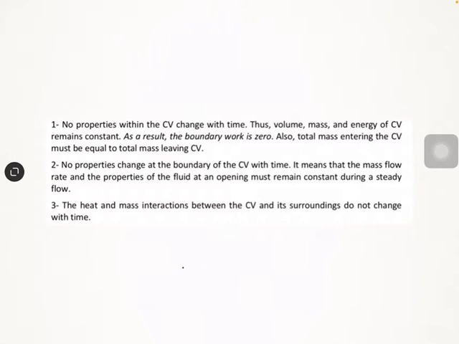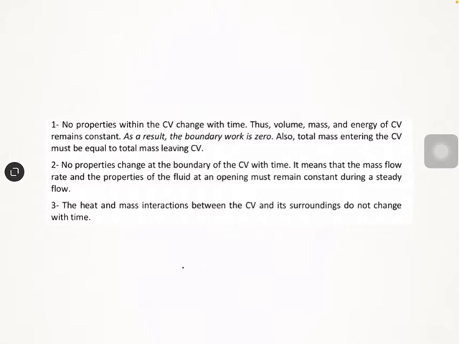Second, no properties change at the boundary of the control volume with time. It means that the mass flow rate and the properties of the fluid at an opening must remain constant during a steady flow.